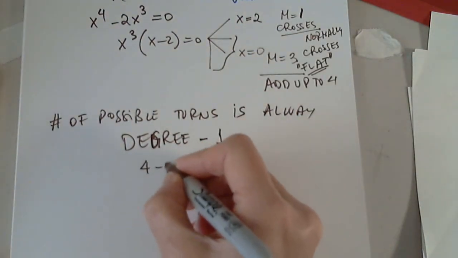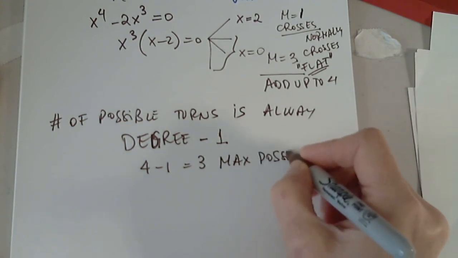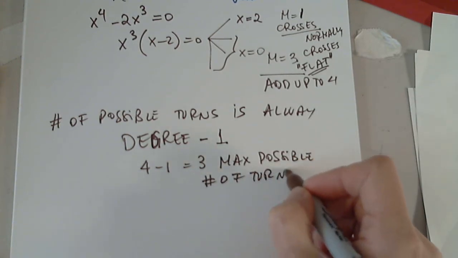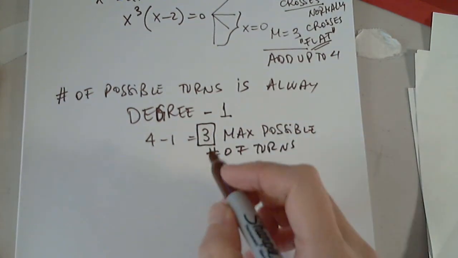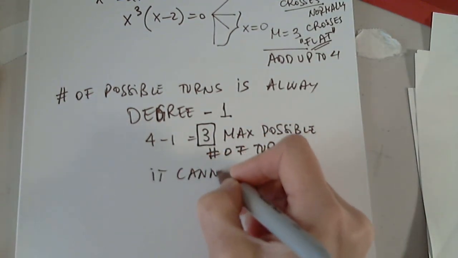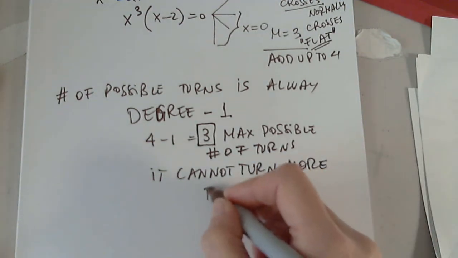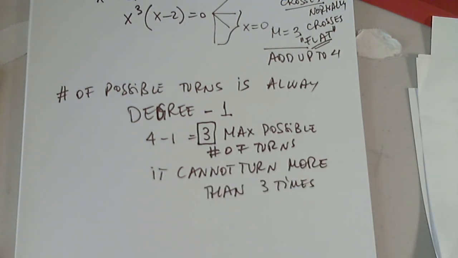In our case is 4 minus 1, so 3 is the max possible number of turns. It doesn't mean that the function has to turn 3 times. It only means it cannot turn more than 3 times. But it doesn't have to turn 3 times. Any questions?